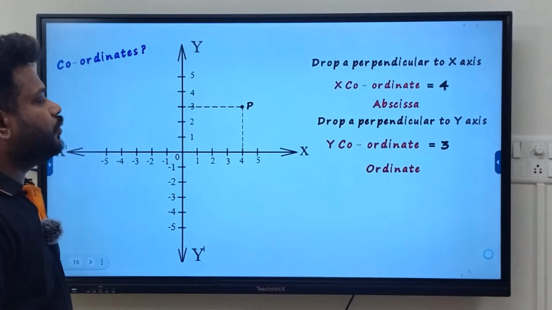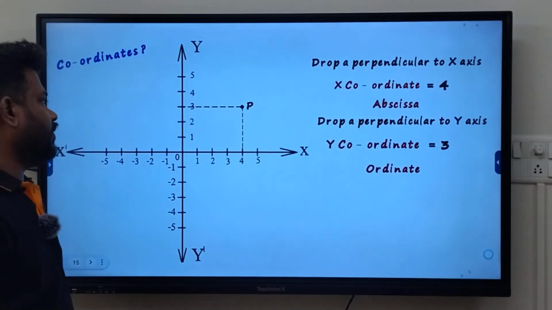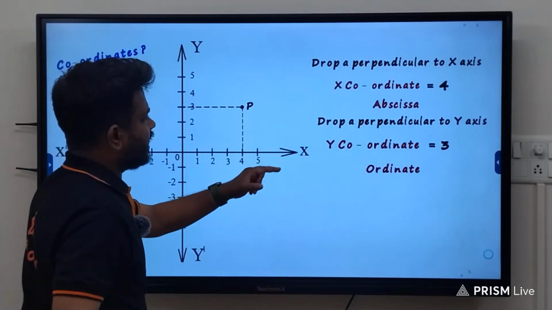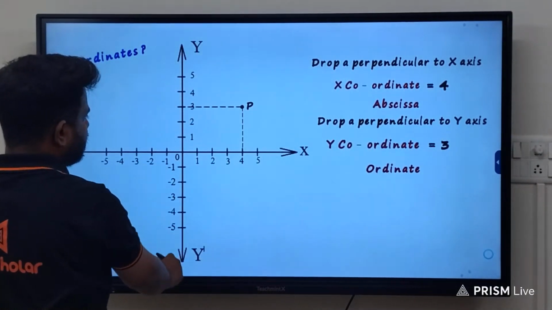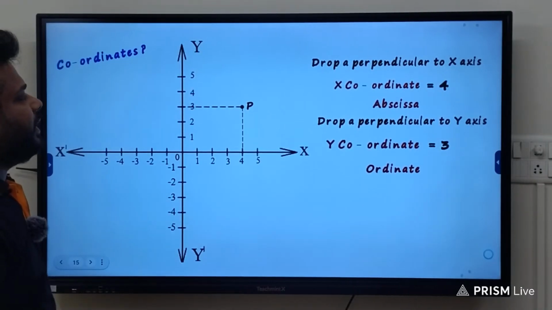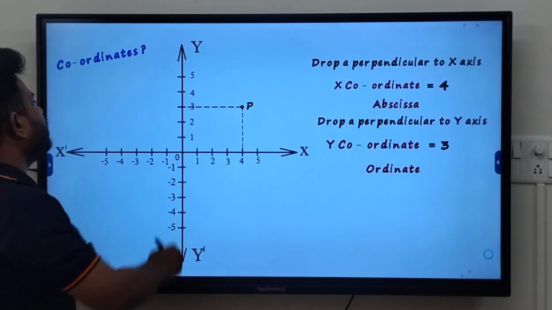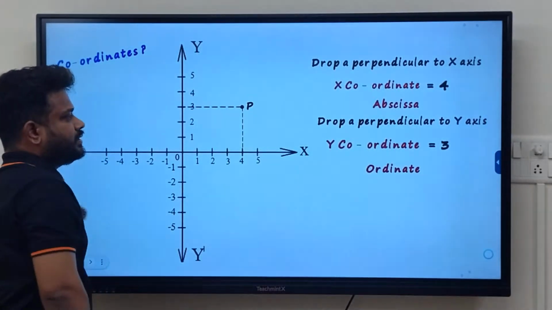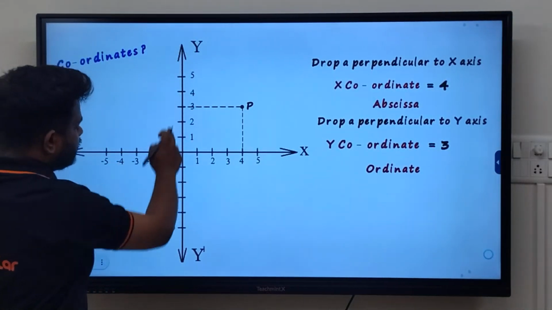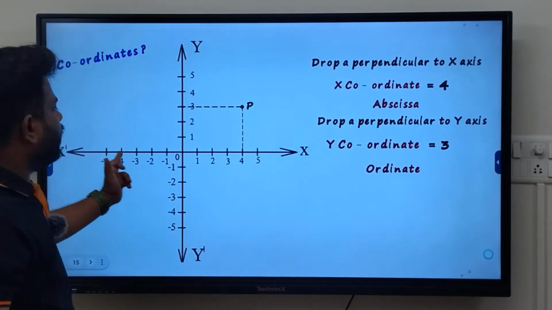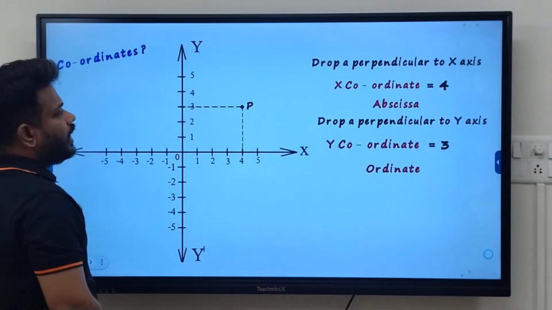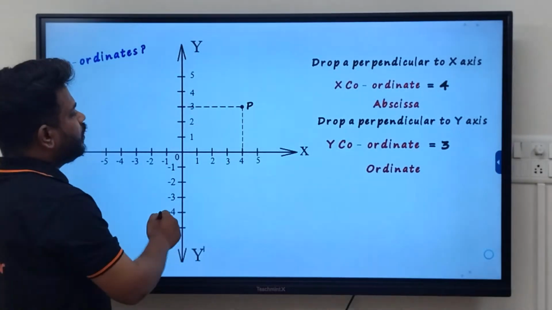Drop a perpendicular to the y-axis, y coordinate 3. If this is the x-axis, the perpendicular to the x-axis will be this one. Then the perpendicular to the y-axis will be like this one. So the x coordinate equals 4.